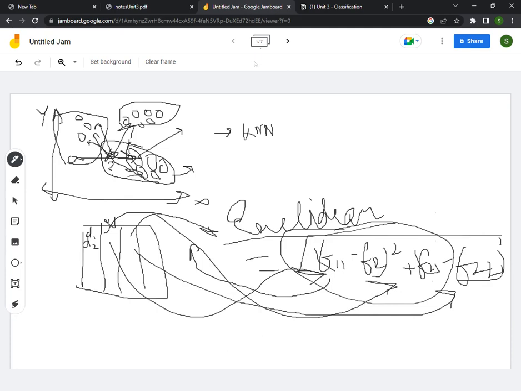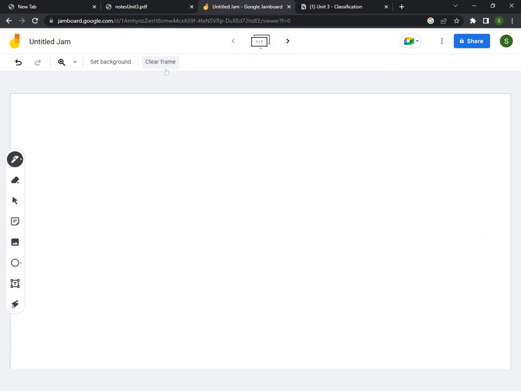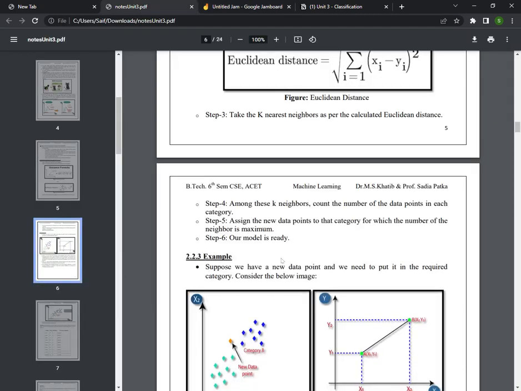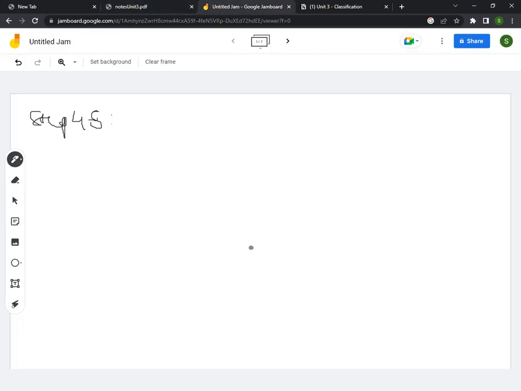Okay, now this point I will explain again. This is an important point. So step number 4 or 5 is, these are data points, and this is a data point, and this is a data point.